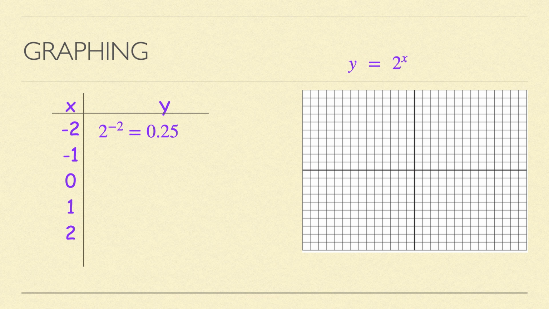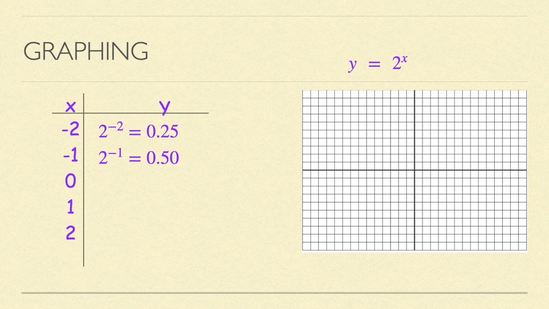Well, we know that 1/4 written as a decimal is 0.25. If you put that in on your calculator, that's what should have come out. Then I'm going to do 2 raised to the -1 power, and that's going to give me 1/2, or 0.50.